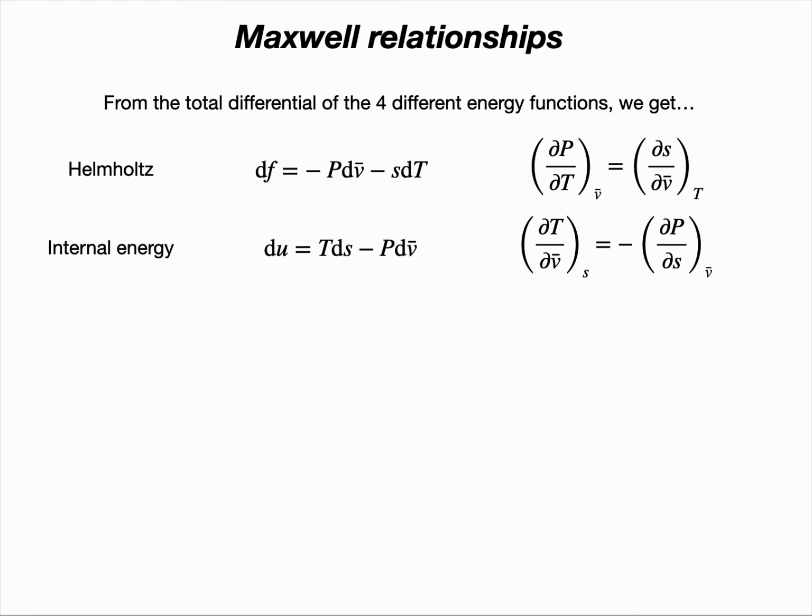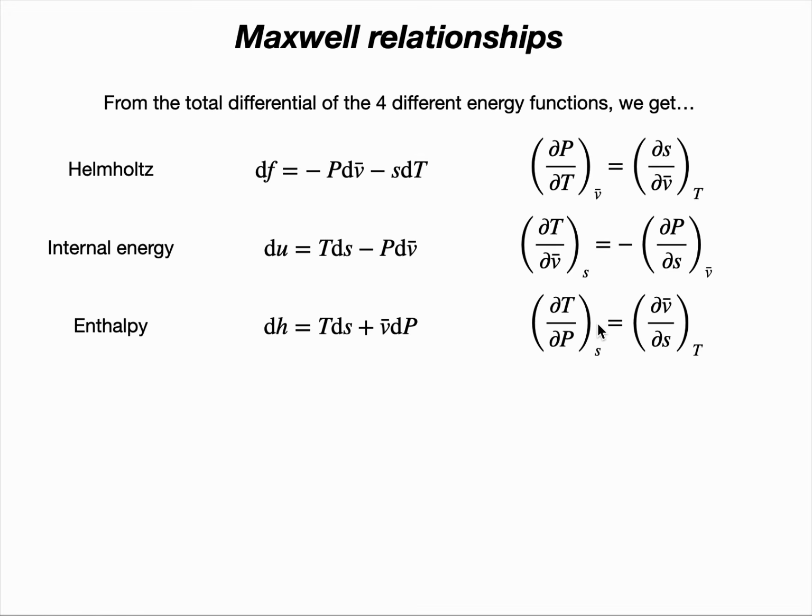If we look at the internal energy, we had du equal tds minus pdv. Again, I'm using a total differential. You can obtain dt dv at constant s will be equal to minus dp ds at constant volume. And so on.